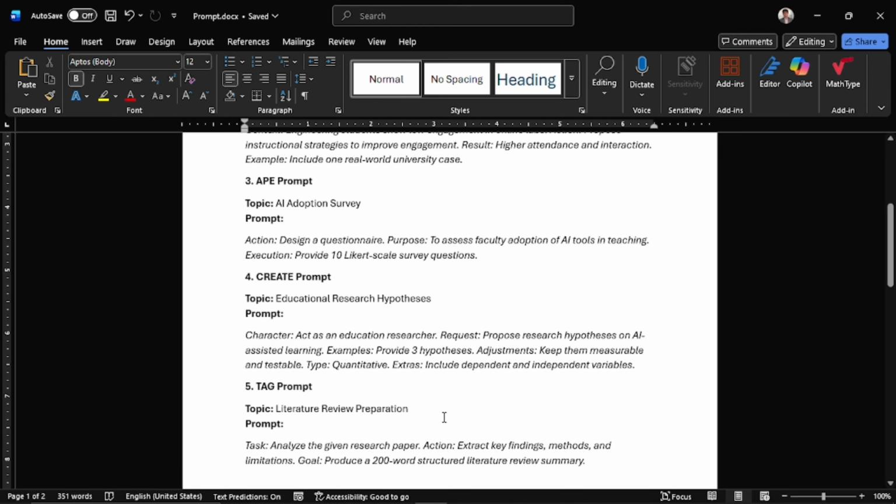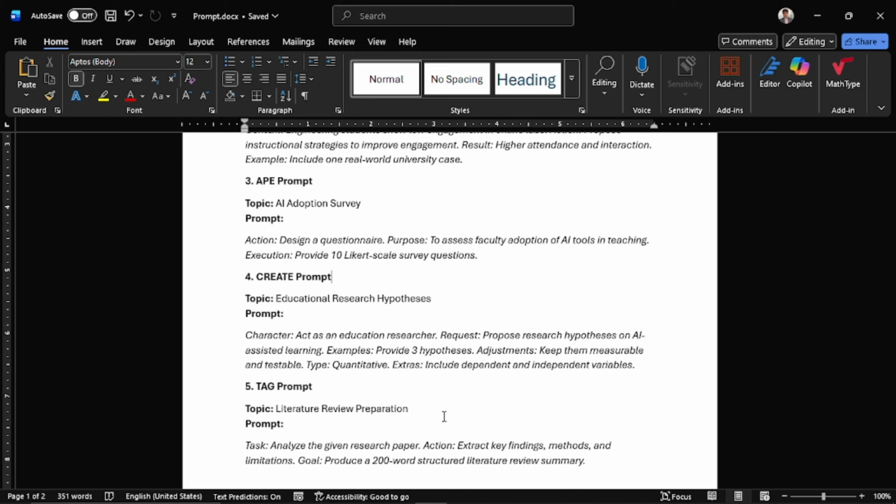Next one is the CREATE prompt, that is mainly used for educational research hypotheses. That is the topic that we have taken for the prompt. Okay, so C stands for character. This is quite lengthy. C stands for character, R for request, E for example, A for adjustment, T for type, and E is mainly extras.